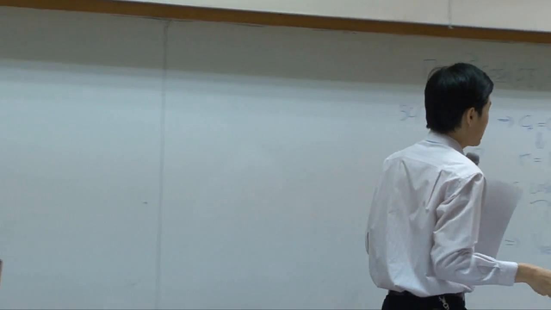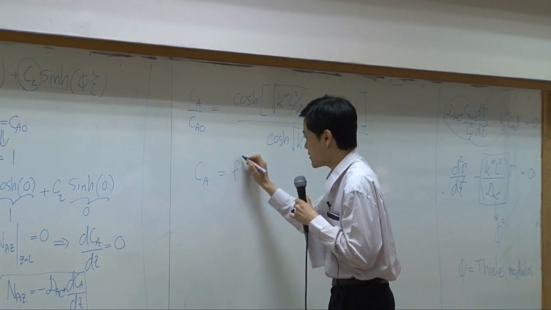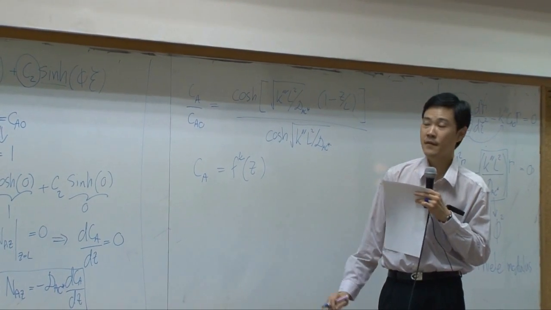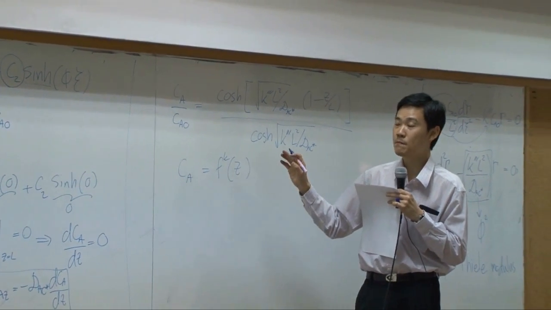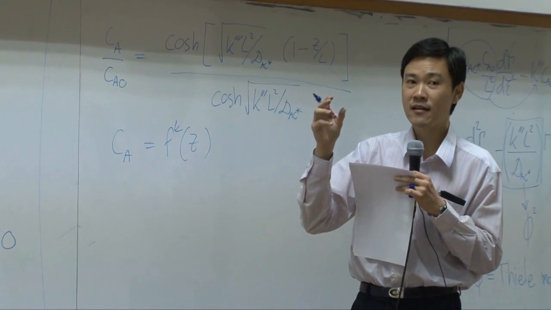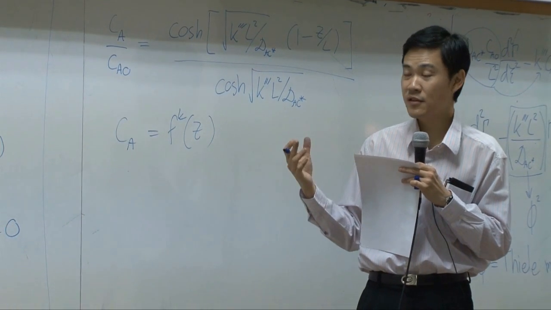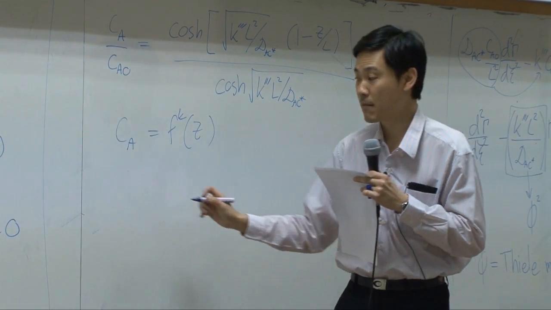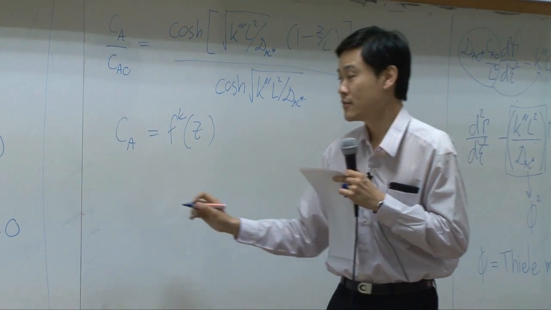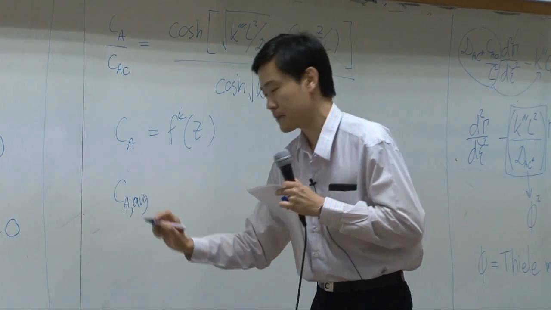From this equation, it tells you that CA is a function of Z, right? If you stir it, that means you did something so that the concentration everywhere will be uniform. That concentration after the stirring would approach average concentration, right? So stirring would give you average concentration.